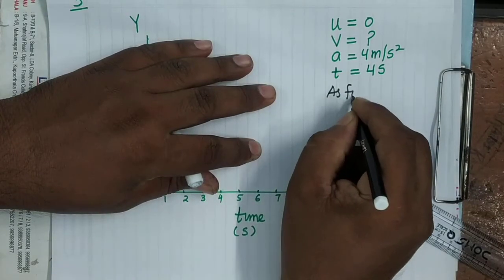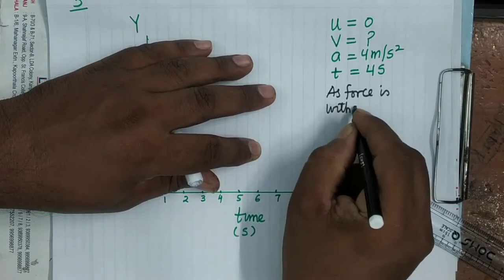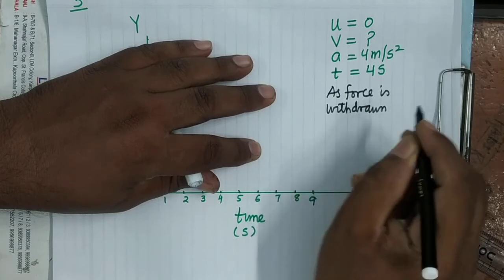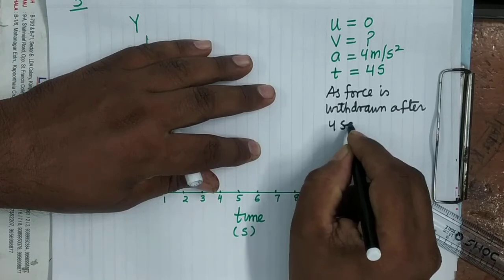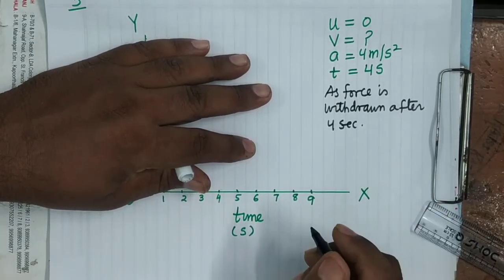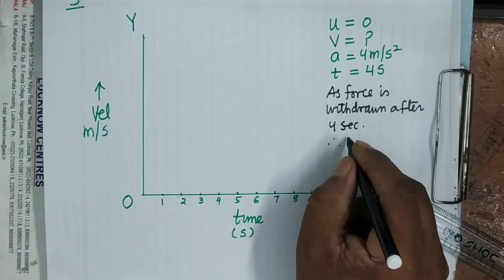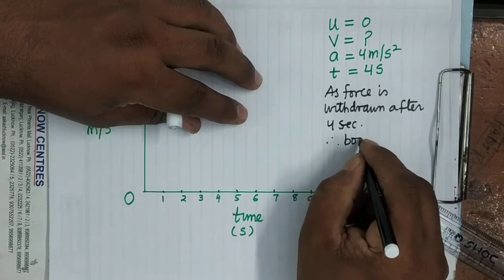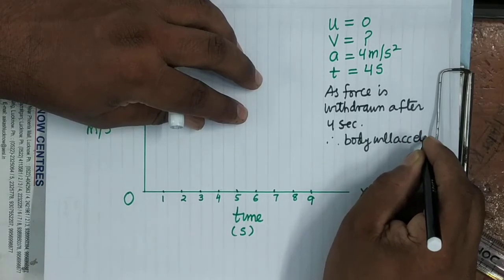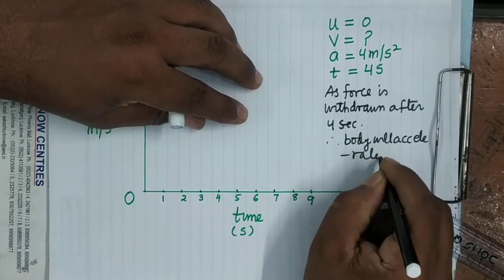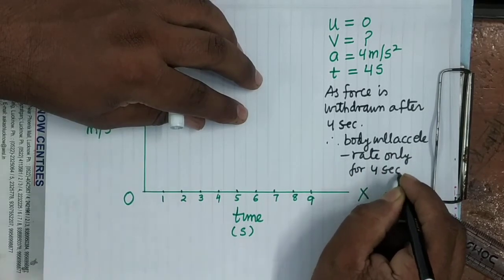So see here, first we will write: force is withdrawn after 4 seconds. Therefore here the body will accelerate only for 4 seconds.